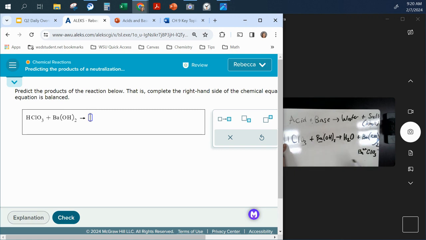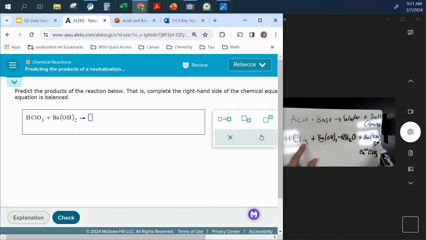Well, we only have 2 hydrogens here, so let's put a 2 here. Okay, so now I have 4 hydrogens, 4 hydrogens, 1 barium, 1 barium. Let's see, how many oxygens with the OH? I have 2 oxygens here, 2 oxygens here. I've got 6 oxygens with the chlorate, 3 times 2, 6 oxygens with the chlorate, 2 chlorines, 2 chlorines, 1 barium, 1 barium. So now it's balanced.